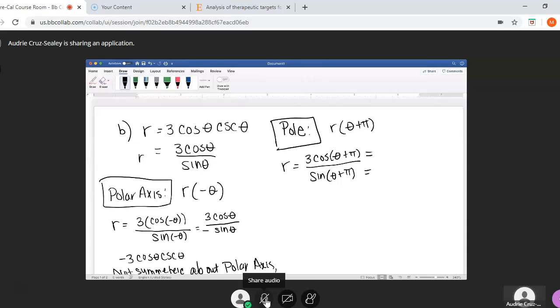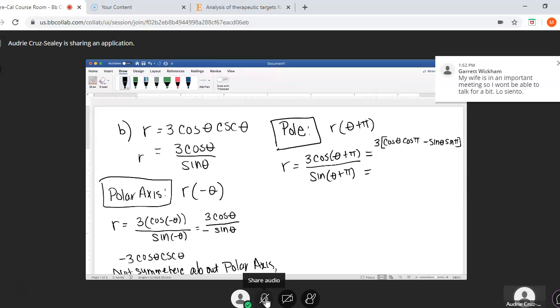Yep, I can. So this would be 3 times cosine of theta cosine of pi, minus sine of theta sine of pi, all over.